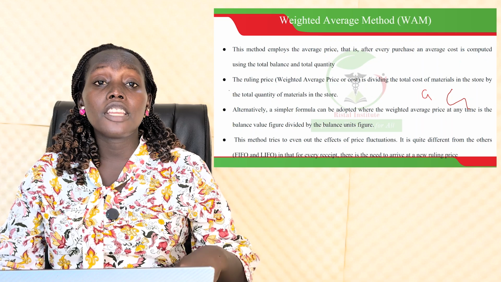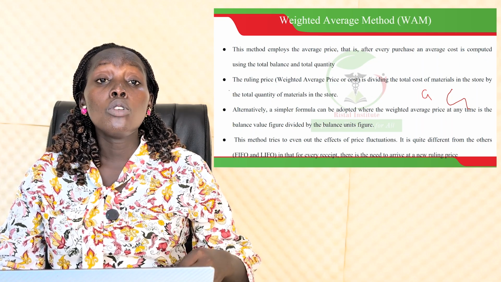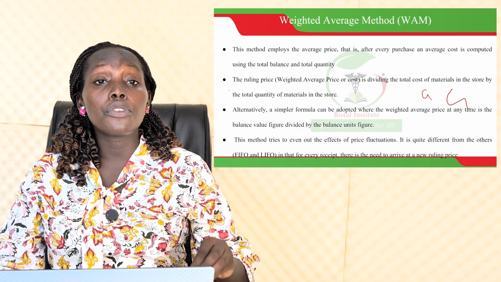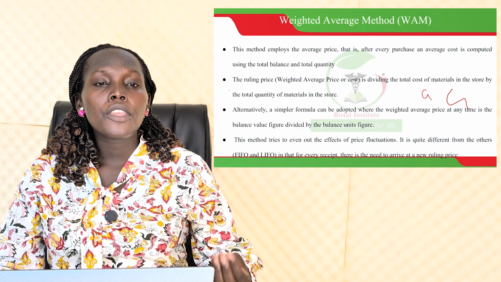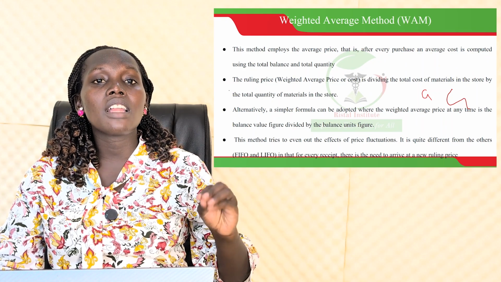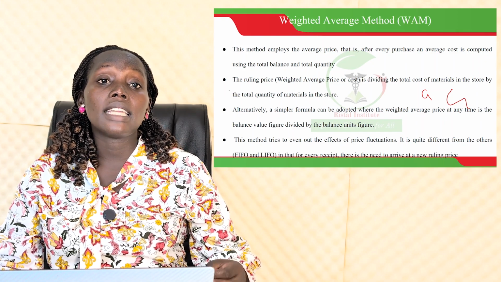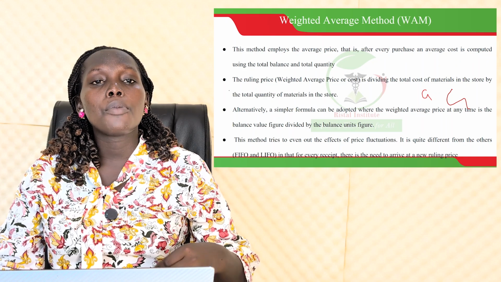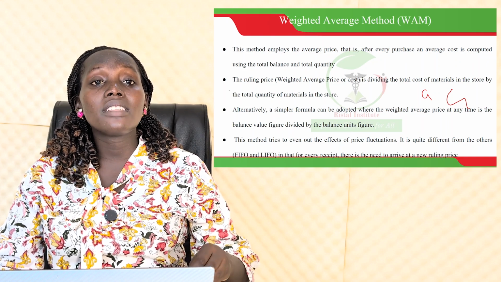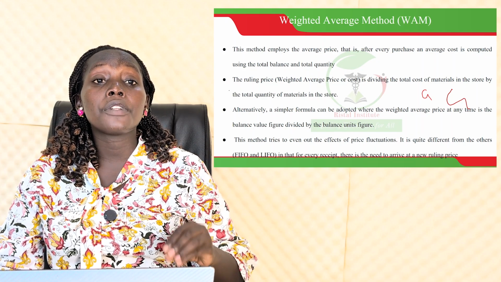Whenever you have a new purchase, you have to come out with a new ruling price. For FIFO, you first consider the price of the first goods purchased. For LIFO, the last price after purchasing is what you use. But here you have to get the ruling price.